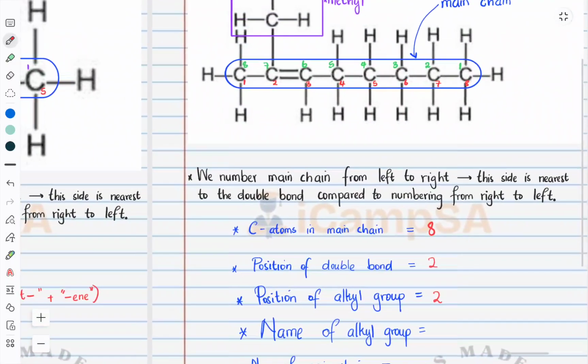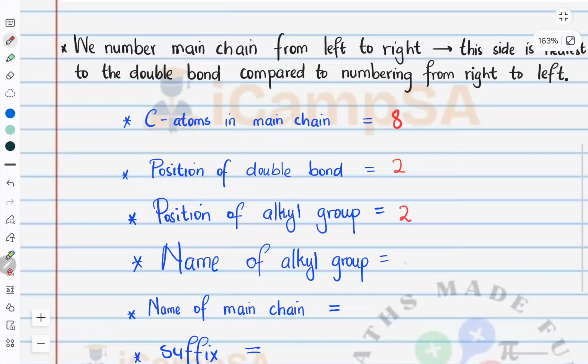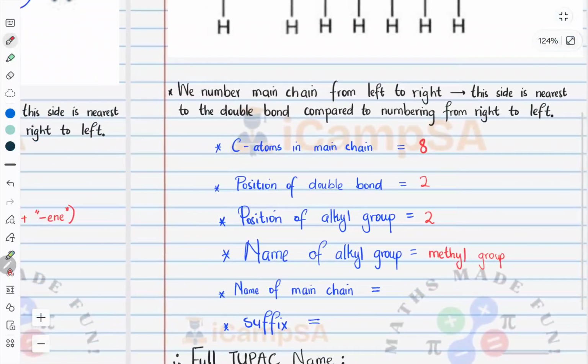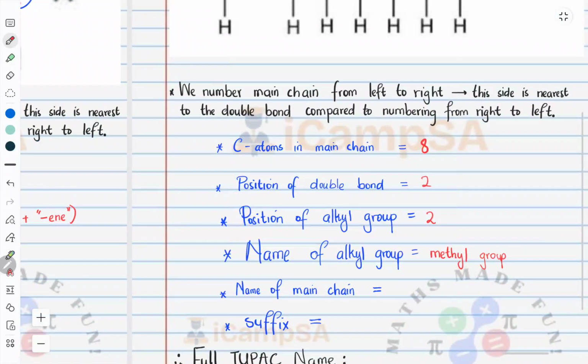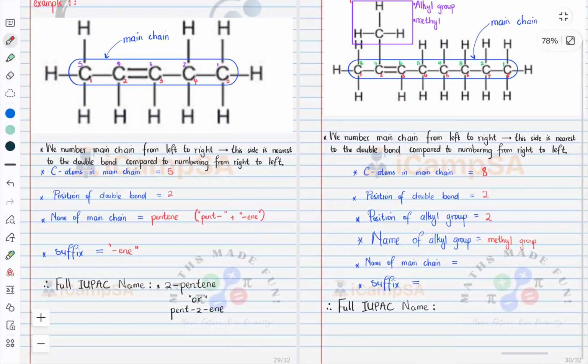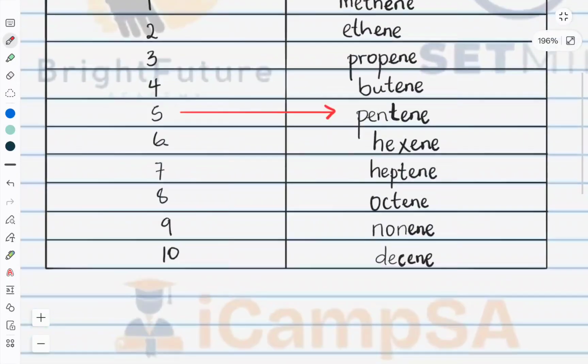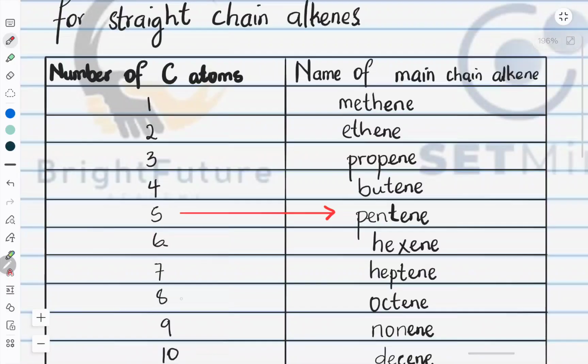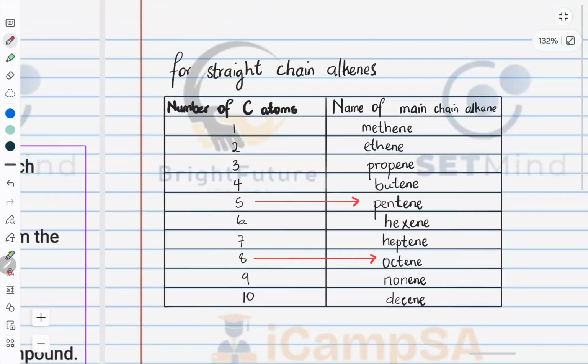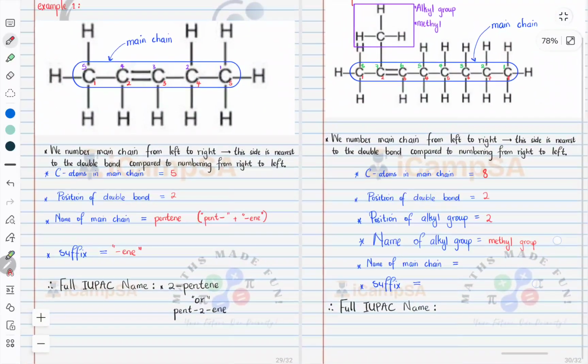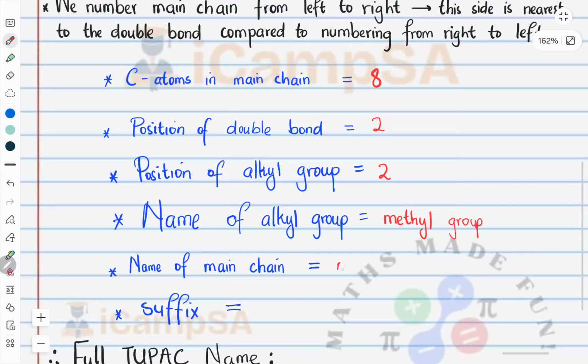And then the name of this alkyl group, we said is the methyl group. And then the name of the main chain, because now the main chain has 8 carbon atoms, what is its name then? We come here, we found that 8 corresponds to octene. So this would be octene.